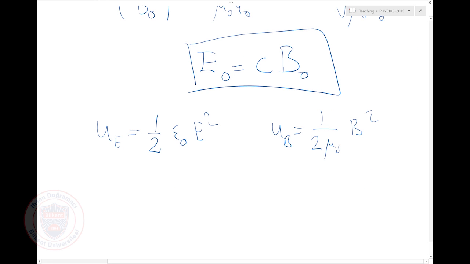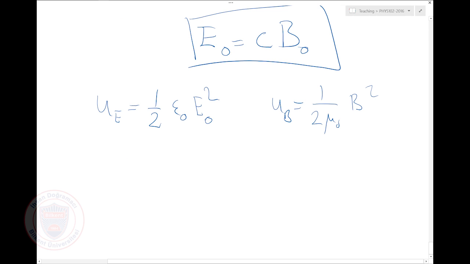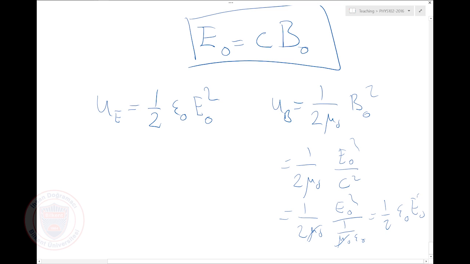So let's compare these. If this is E0, this is B0. This is going to be 1 over 2 mu 0 times E0 squared divided by c squared. But c squared is 1 over mu 0 epsilon 0, so mu 0 is cancelled: 1 over 2 epsilon 0 E0 squared.